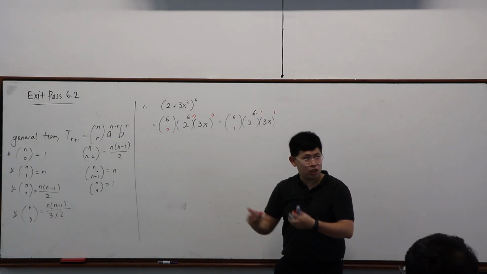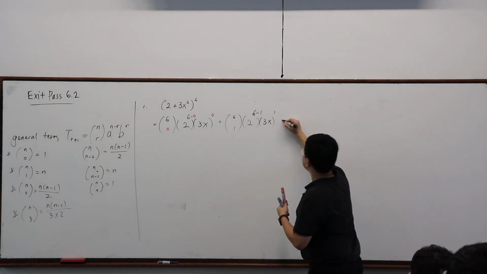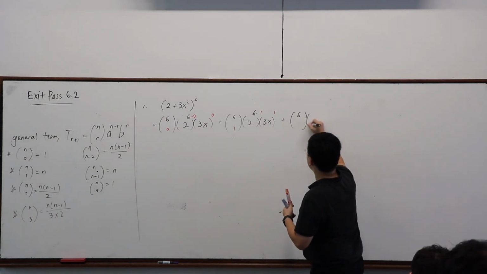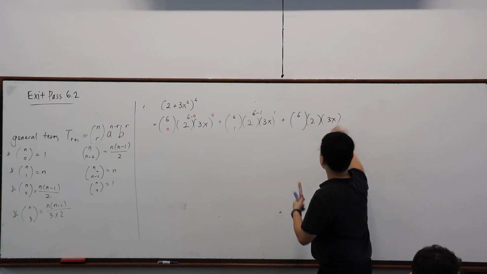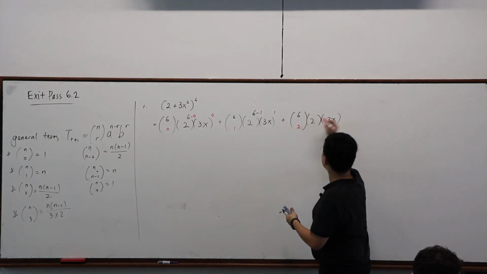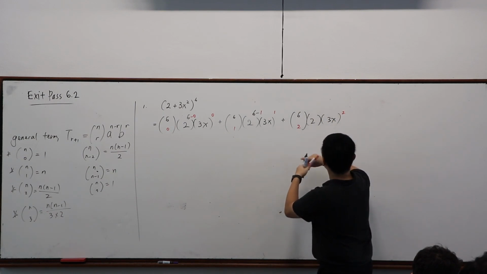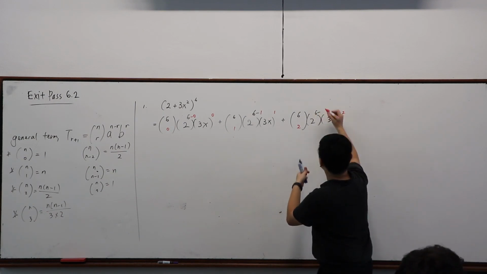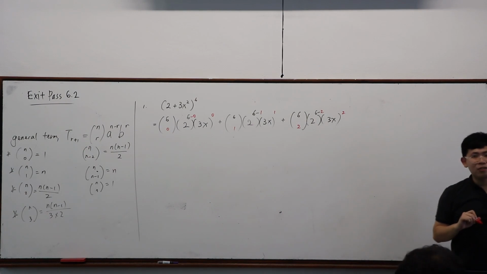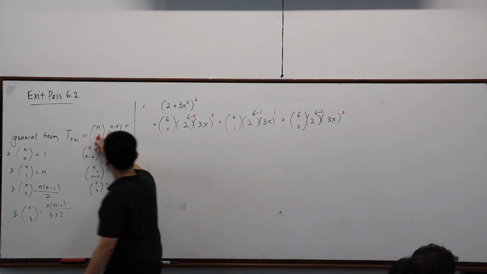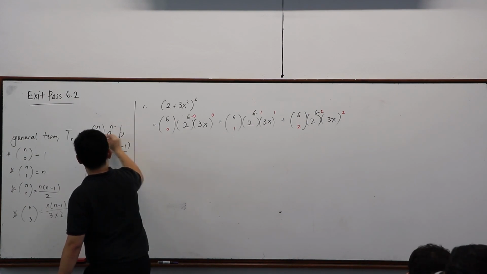The r is the one that's changing. Next, the third term, 6 choose 2, power 2, then 6 minus 2 for this one. Do you see what's changing? Only the r is changing. Let me highlight the r over here.